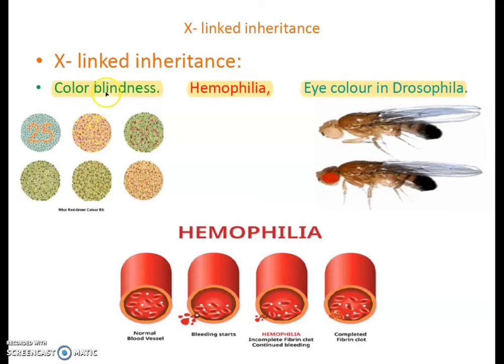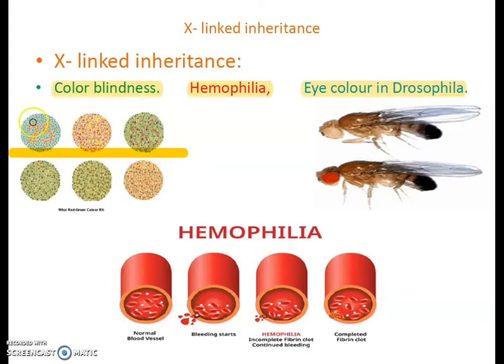In color blindness, this trait is located on the X chromosome. When the gene is recessive, meaning it is mutated or faulty, the person cannot see green color and red color. So see the pictures, in which a number is hidden.